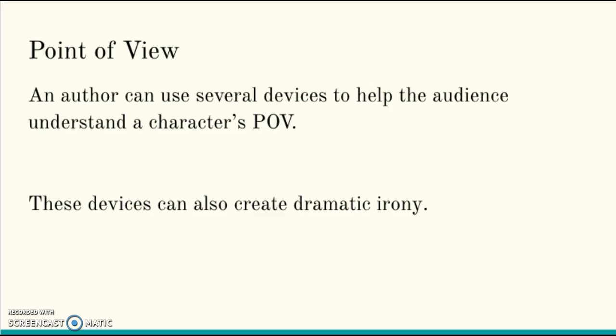So if we look at point of view for drama, again, like we just said, it can help us understand a character in a different way than in another work of fiction. These point of view devices can also create dramatic irony. Don't worry if you haven't looked at the irony PowerPoint yet.